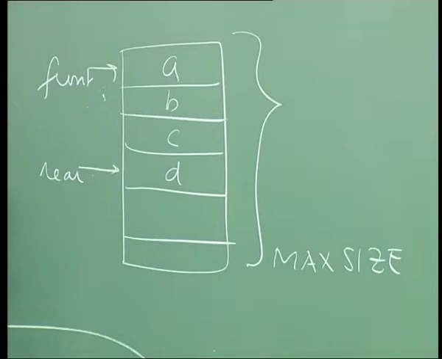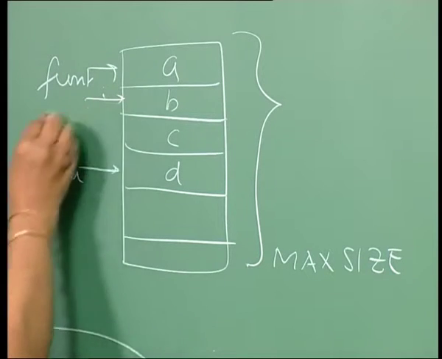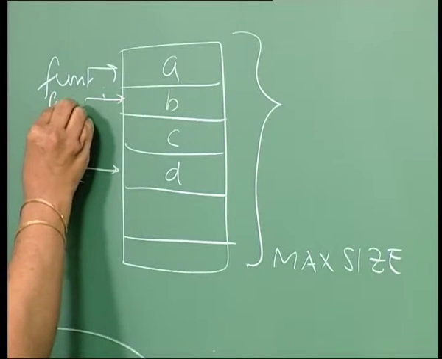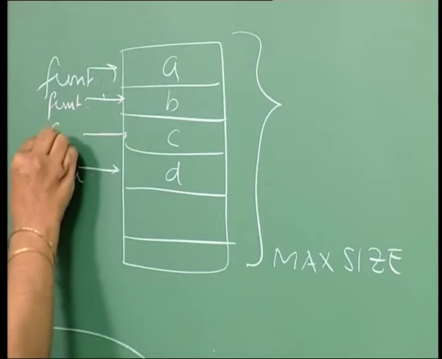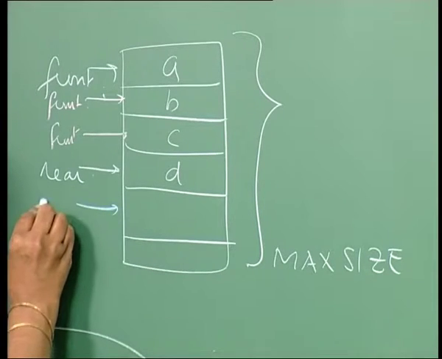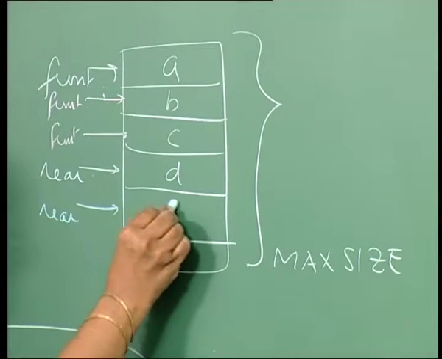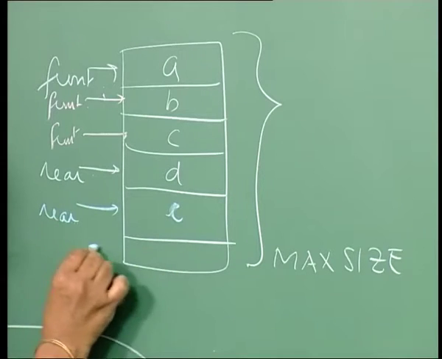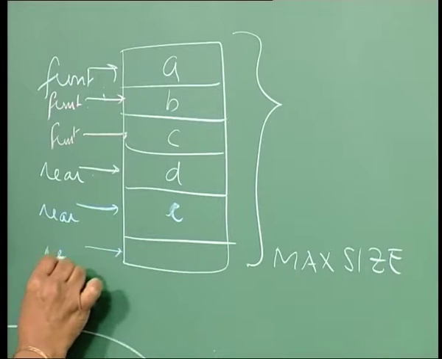Front moves over here. This becomes front. Again I dequeue, this becomes front. Then let us say I enqueue, then maybe rear moves here. Let us say I have E, and then now I reach the end, again I enqueue at the rear.